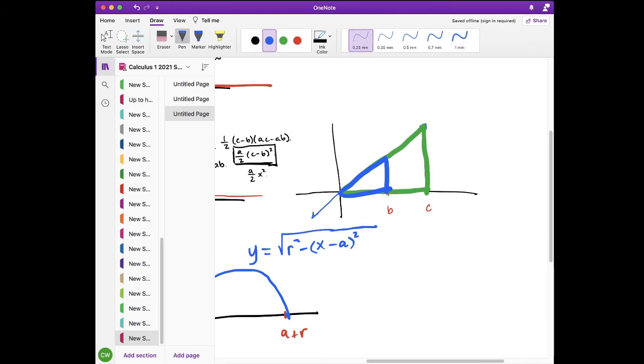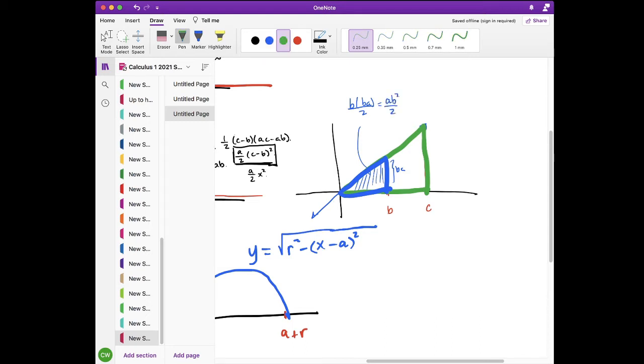What is this area? B is the base. The height is BA, over 2, right? This is BA. So you get AB squared over 2.